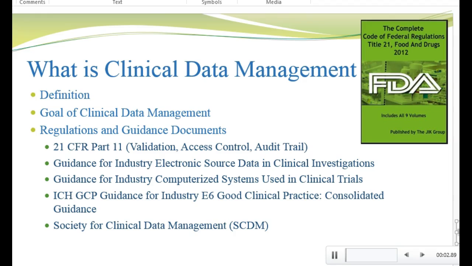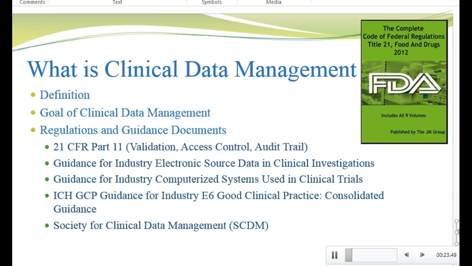So, what is clinical data management? Our textbook states that clinical data management is the work performed on data from a clinical trial, from the preparation to collect that data through the time it's extracted for final analysis. Clinical data encompasses all the data generated by and related to the conduct of a clinical trial.